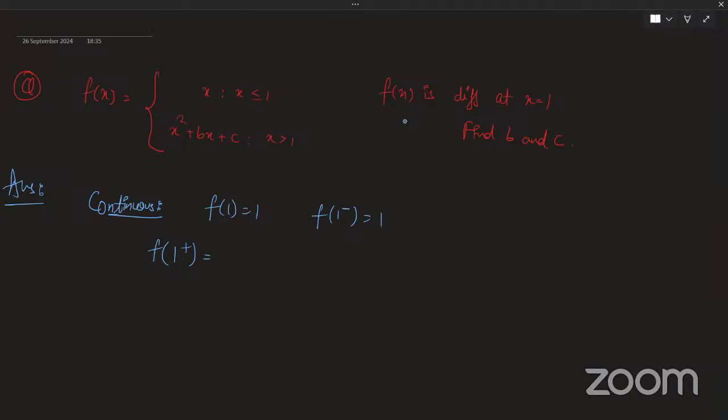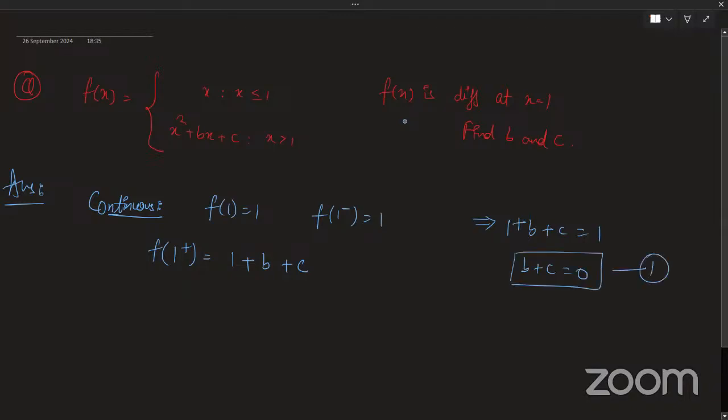So you'll get 1 plus b plus c, right? Yes, sir. Okay. So these three values should be equal. That means 1 plus b plus c is equal to 1, so b plus c is equal to 0. So we have got this as our first equation.